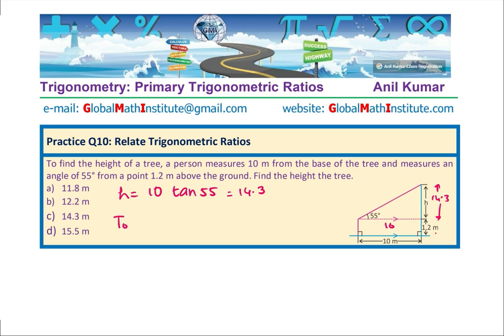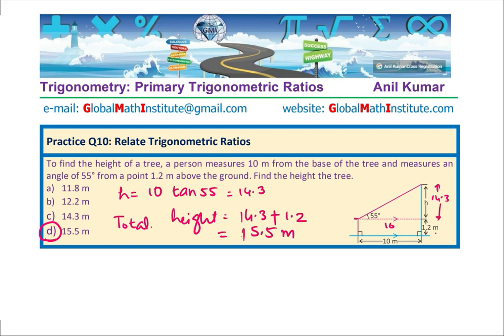So total height is 14.3 plus 1.2 meters, and that gives me 15.5 meters, correct? So option D is the right option. You understand how we did this question, right?